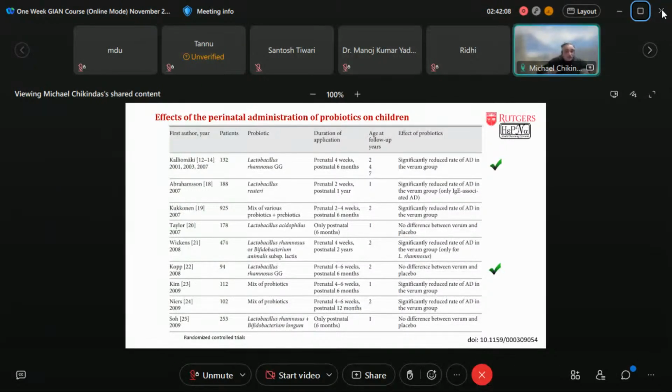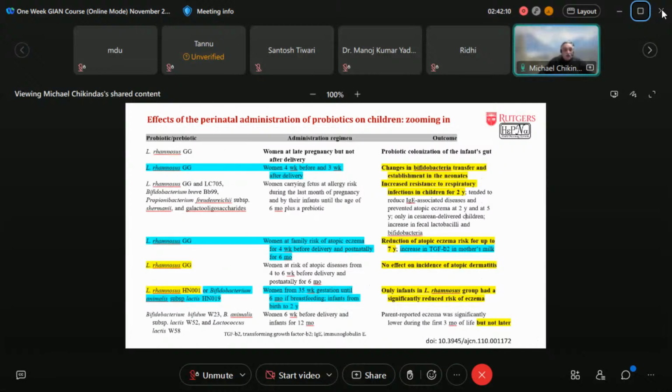Zooming into the things that we were just talking about, some of these are highlighted to make it more convenient for us to zoom in. So we have LGG 4 weeks before, 3 weeks after delivery. So delivery of the microorganisms through the birth canal, I'm just speculating, and delivery with the milk through breastfeeding.